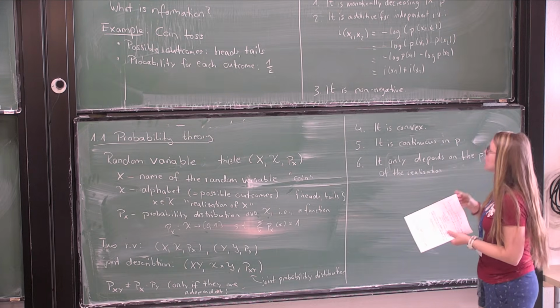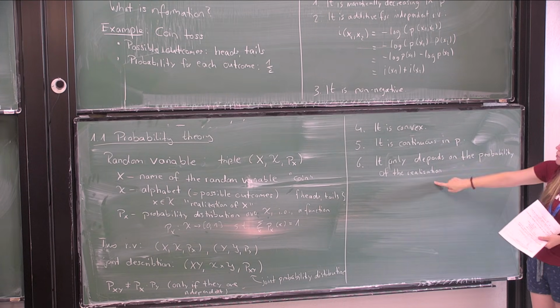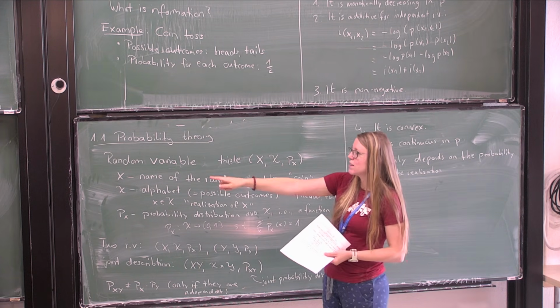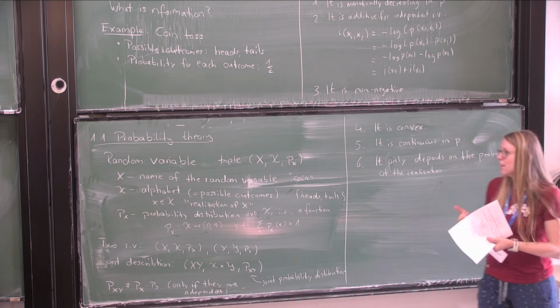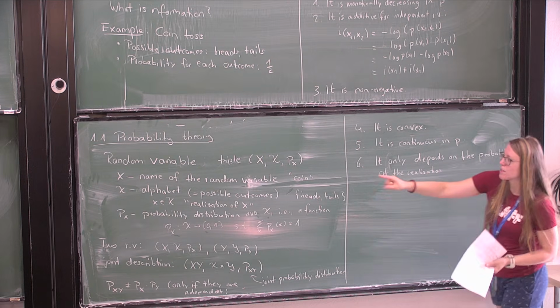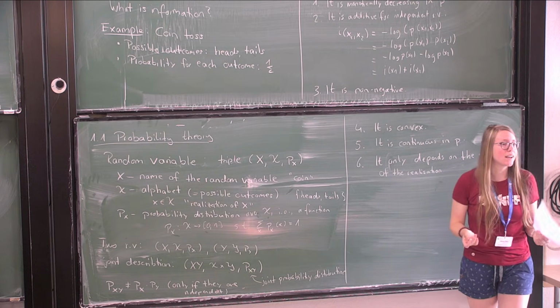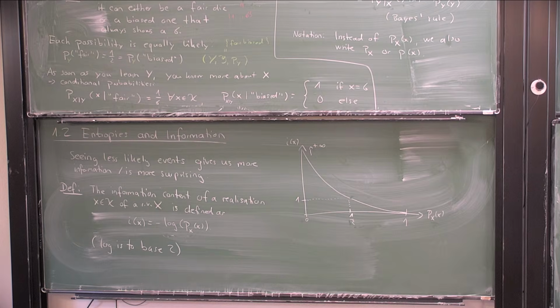In fact, you could also write this the other way around: start with all these properties that you like, and you will come up with this as the only possible function that does this. You need a logarithm, you need a minus sign, so you can derive it just from the properties that you would like it to have. So this is really the only possible choice of function for information content if you don't want to give up on any of it.